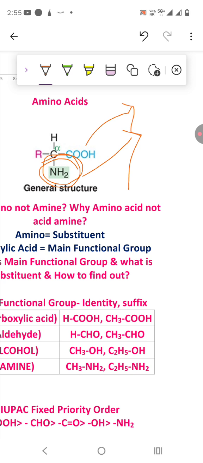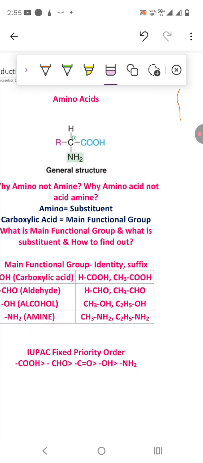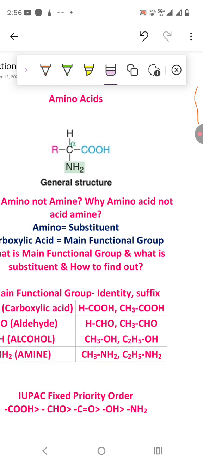This carboxylic acid is the main functional group. What is a main functional group? A main functional group gives identity. It tells what type of organic compound it actually is. The main functional group gives the molecule its main identity.